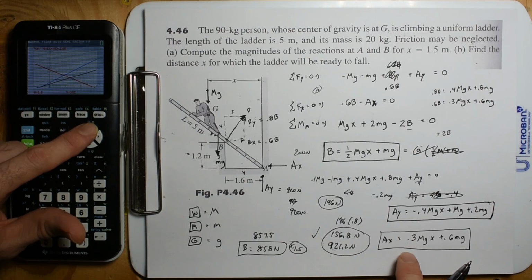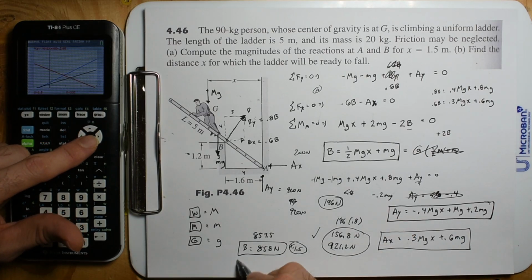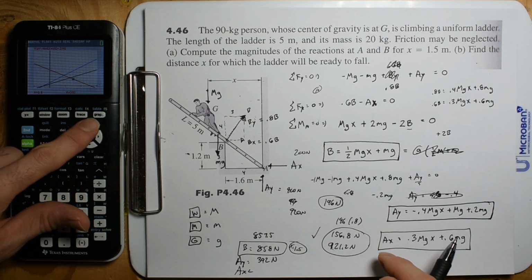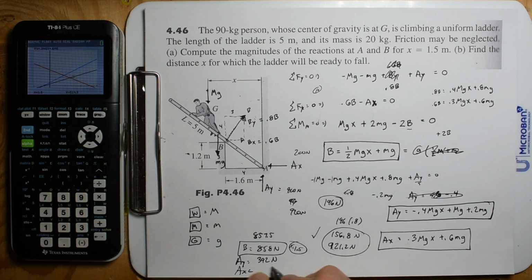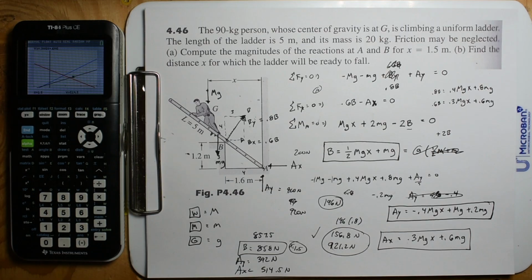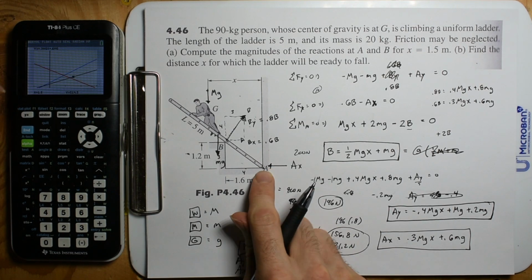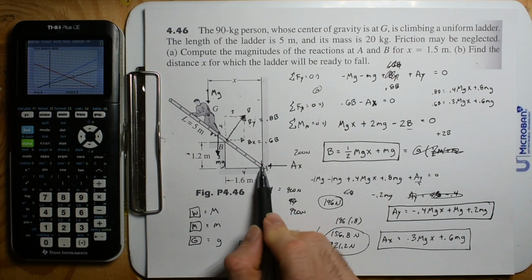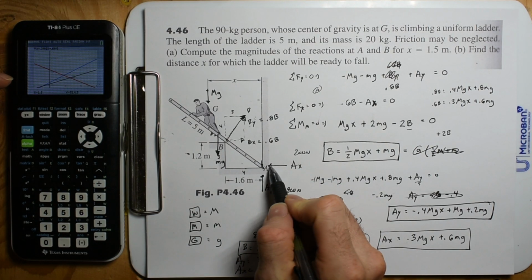Alpha, what do we have? AY is going to be 392 newtons, and then AX, the reaction against the wall, is going to be 514.5 newtons. And so you can see when the dude's standing right up against the wall, right here at 0, you do have a reaction against the wall.